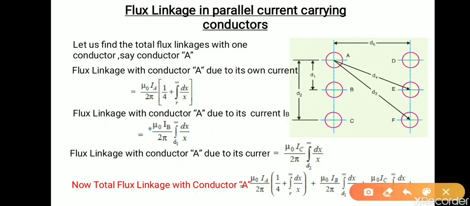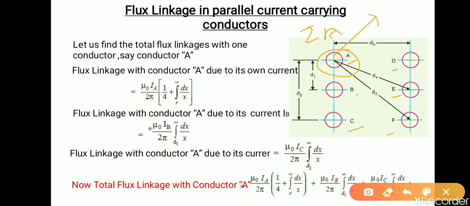Here we are assuming parallel current carrying conductors, that is A, B, C, D, E and F. Assume that conductor A is carrying a current IA, similarly conductor B is carrying a current IB, conductor C is carrying a current IC, and so on. So we have to find the total flux linkage in the conductor A.